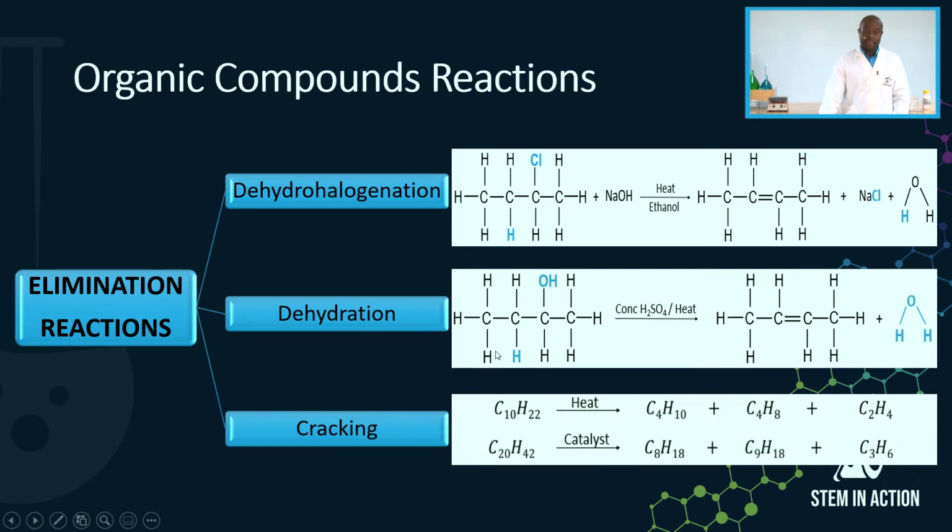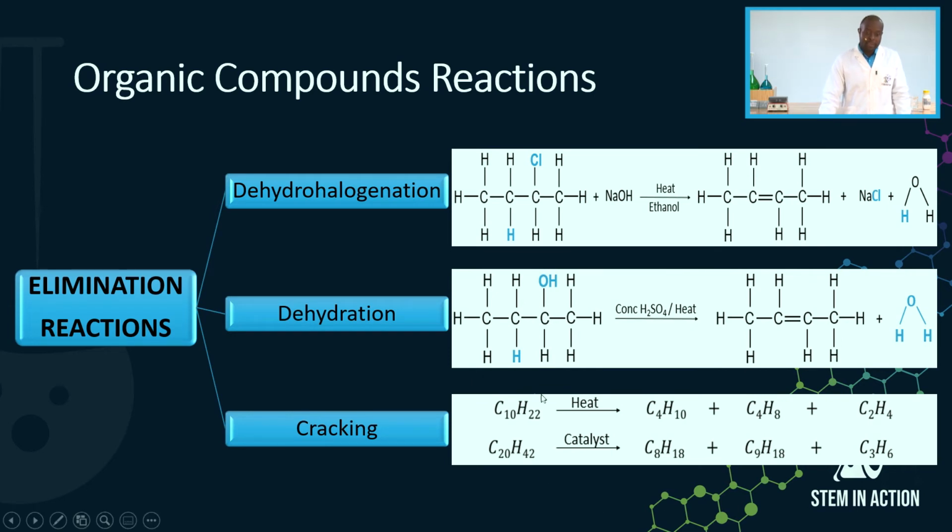The next is cracking. So cracking is a type of reaction where we take a large molecule that might not be of much use, and then we heat it, and we produce smaller molecules, and at times it will be more than one smaller molecule that is more useful than the one we started with. And there are two types of cracking reactions.